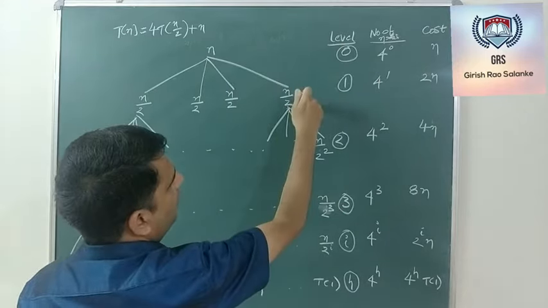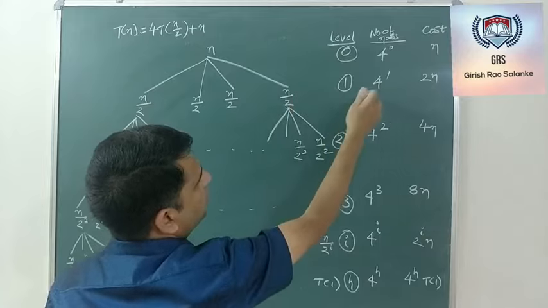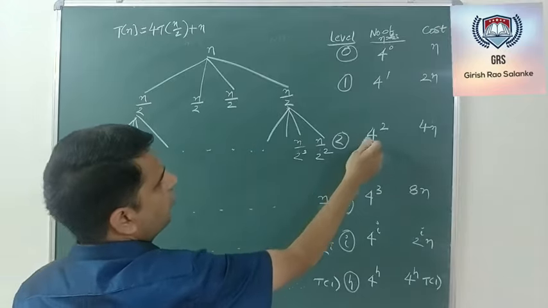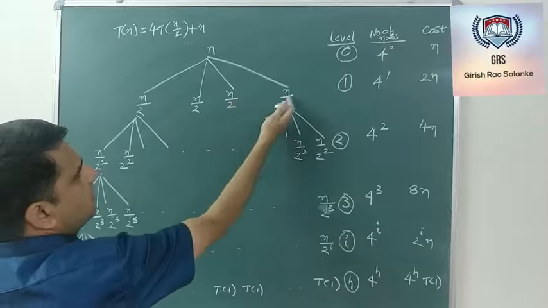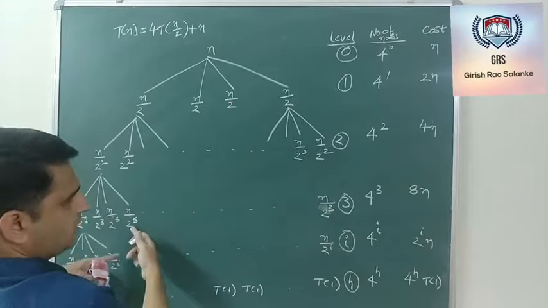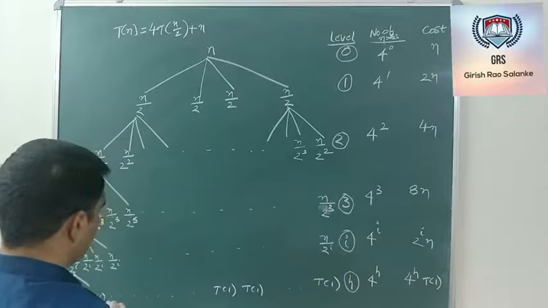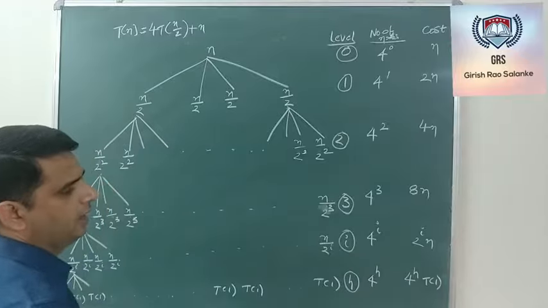At level 1, I have 4 nodes. In the next level, I have 4 square nodes because I have 16: 4 for each of these 4. So 4 into 4 is 16, and I write it as 4 square. At the next level, I write it as 4 cube. At the ith level, I write it as 4 power i. At the last level, at height h, I write it as 4 power h.